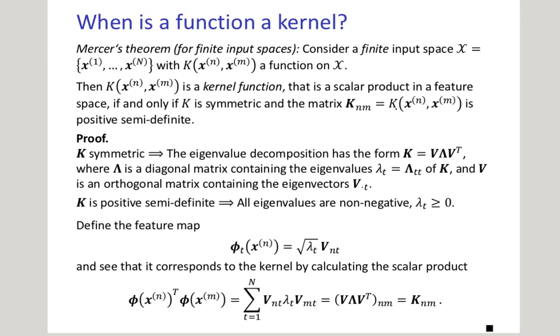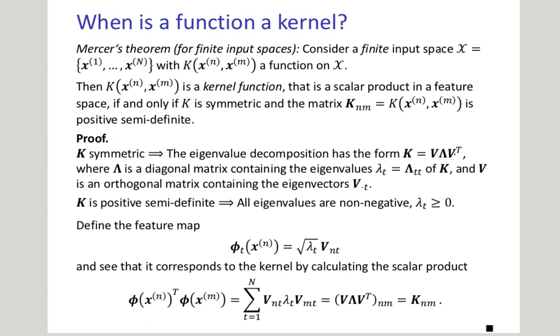First, we note that because K is symmetric, the eigenvalue decomposition gives us a diagonal matrix lambda with the eigenvalues lambda sub t and an orthogonal eigenvector matrix V. Orthogonal means that the inverse of the eigenvector matrix V is its transpose, V transpose.